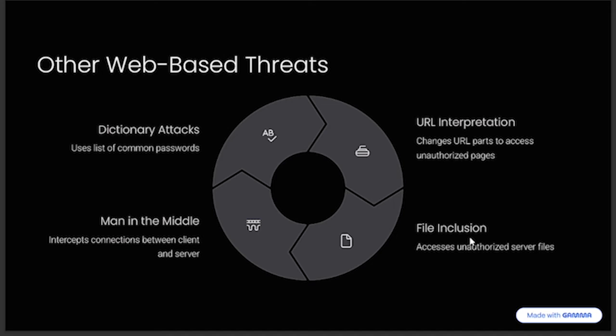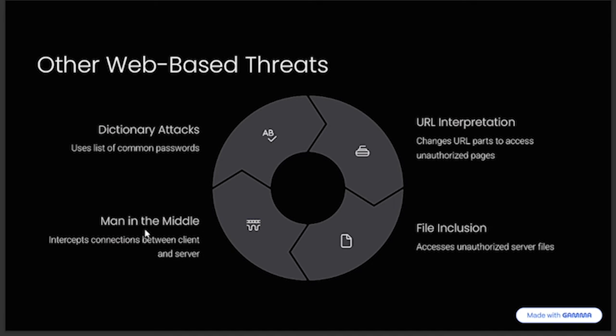Let's look at file inclusion attacks. A file inclusion attack is a type of attack that allows an attacker to access unauthorized or essential files available on the web server, or to execute malicious files on the web server by making use of the include functionality. Looking at man in the middle, that is the last attack under web-based threats.